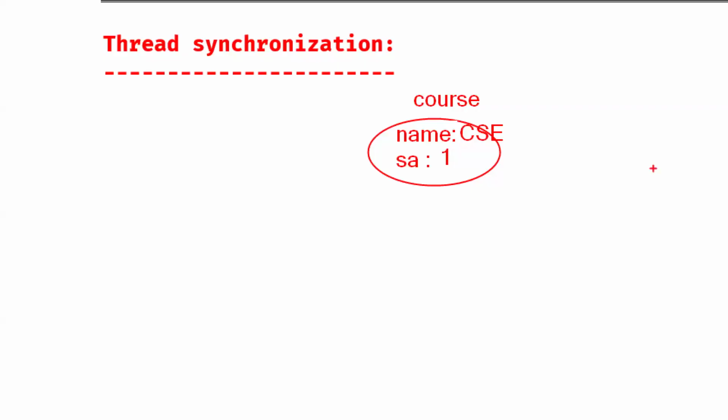This is the course object. There are two threads now: registration thread 1, RT1, and registration thread 2, RT2. Two threads, RT1 and RT2, are sharing this resource.